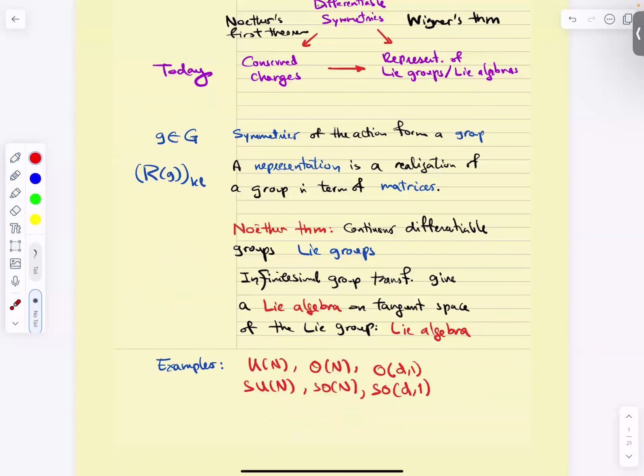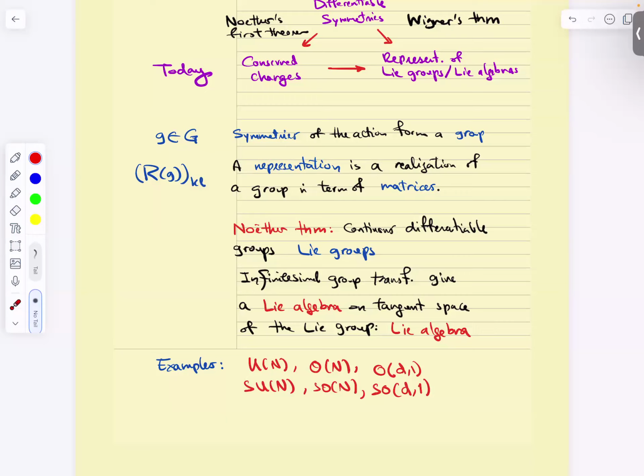We talked about symmetries acting as a group. The action of the symmetries on anything, whatever the symmetry is acting on, forms a group. And we talked about a representation as a realization of the group in terms of matrices, where group multiplication is mapped to matrix multiplication.